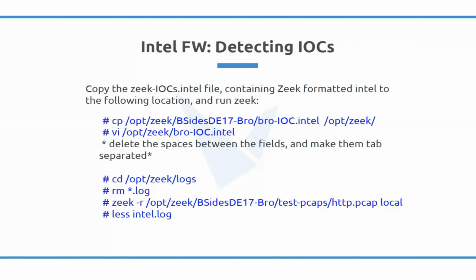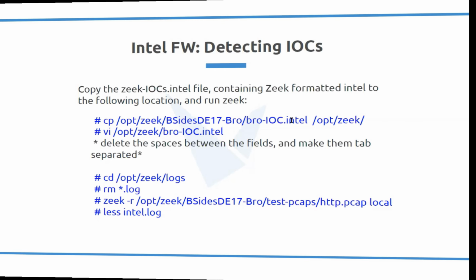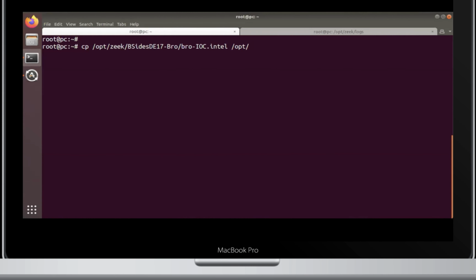So let's jump ahead and try to do that. The bro-ioc.intel, the IOC file, is in the B-side folder, and we are just going to copy that into our local Zeek path.